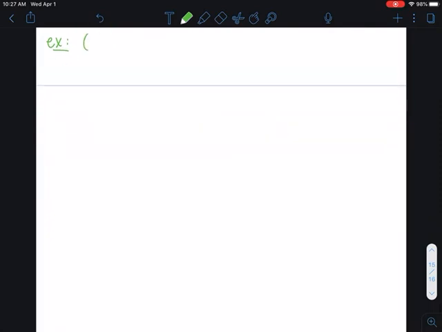Alrighty, for the next one, they don't give you the x or the y-intercept at all on your points. So you have negative 7, negative 3, and you have negative 3, 5. So you don't have any zeros. Let's first find the slope. So slope, which is m, is equal to y2 minus y1 over x2 minus x1.